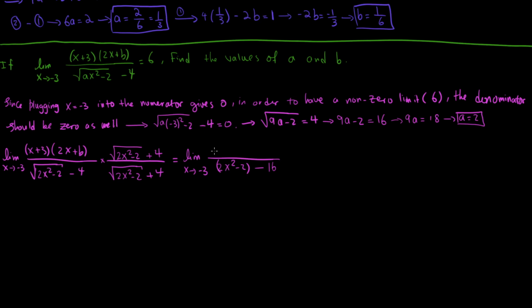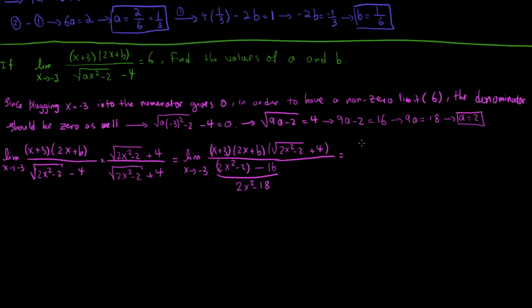And up top, you just have all that trash: x + 3, 2x + b, and then the square root of 2x² − 2, plus 4. Now at the bottom, this is 2x² − 2 − 16. So that's 2x² − 18.